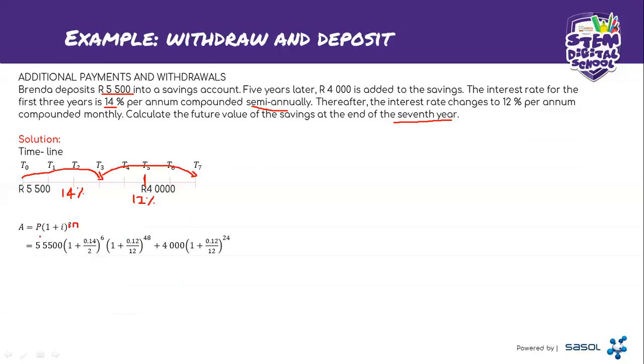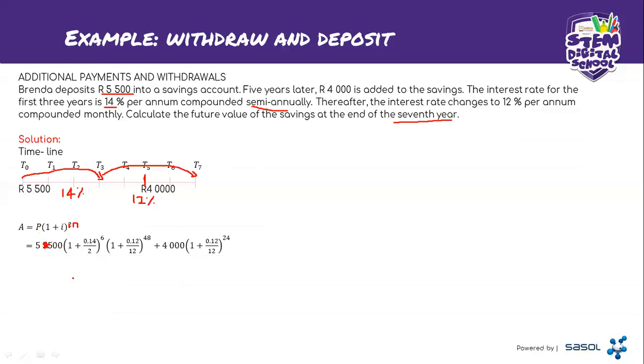First, we agree that P is the initial amount, the amount that Brenda deposits, which is 5,500. There's a typing error: another 5 is not supposed to be out there, so I just removed that 5.